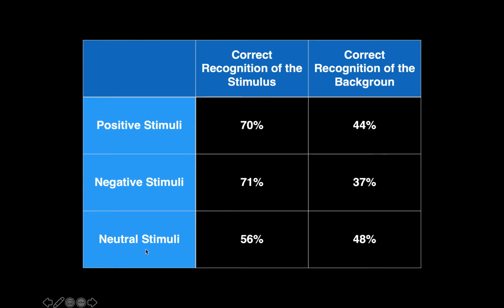When you look at neutral stimuli, even neutral stimuli produce better recall compared to positive stimuli. So there is more accurate recall for neutral stimuli than for pleasant stimuli.